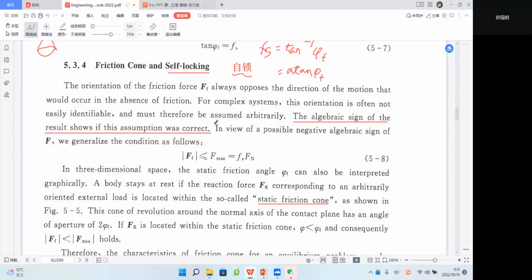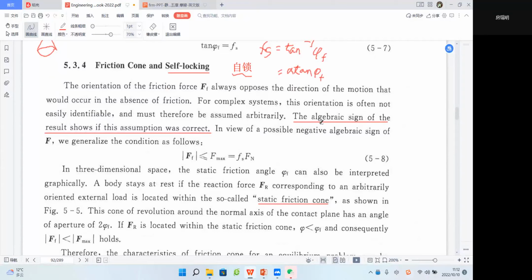This orientation may point to the right, also maybe to the left, because it always opposes the tendency of the relative movement. But in some cases, we cannot be sure what the direction of the tendency is, right? So in that case, we have to assume some direction.